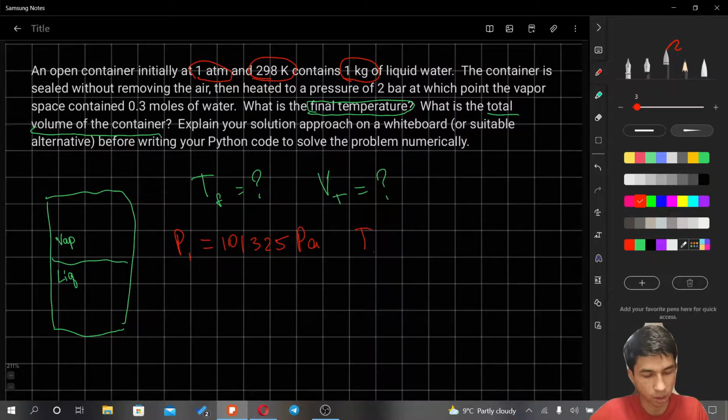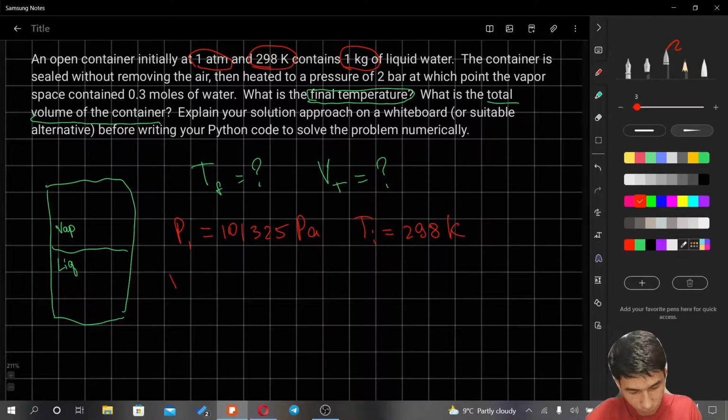And we have our temperature initial equal to 298 kelvins. And the mass of the water total equals 1 kilogram.